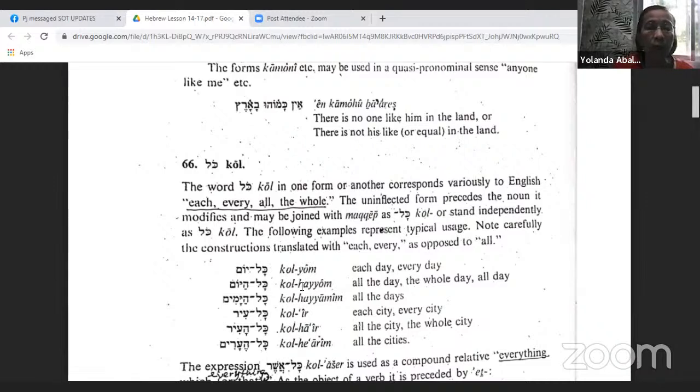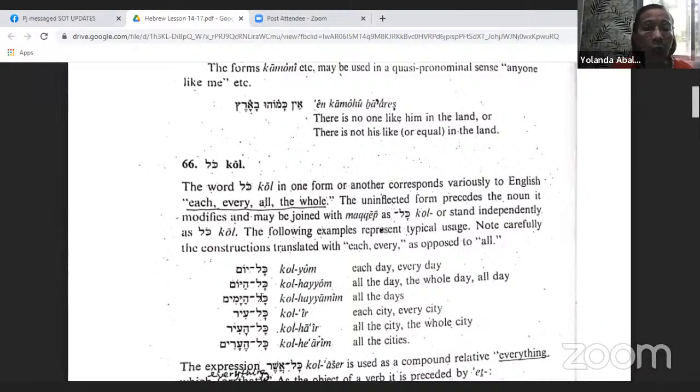Every day. Kol hayom. All the day. In other words, the whole day, all day.